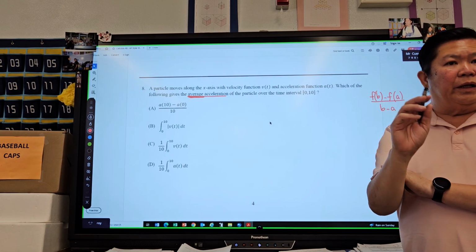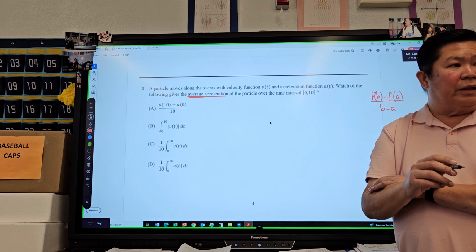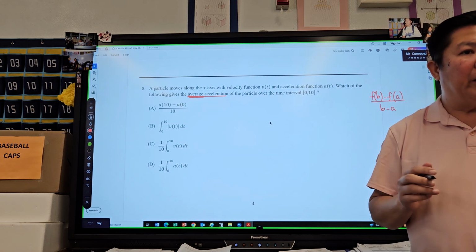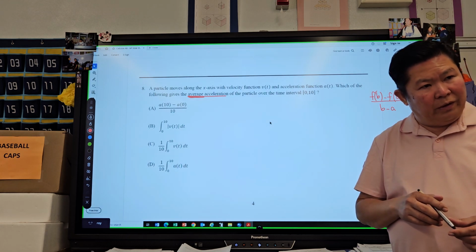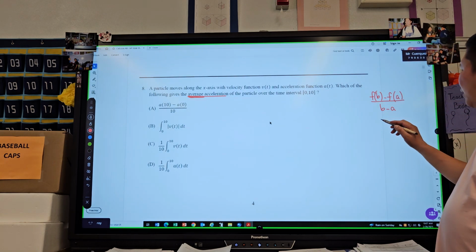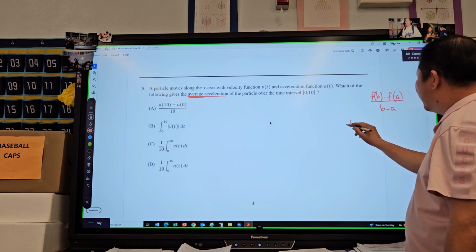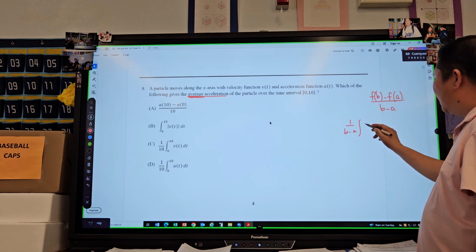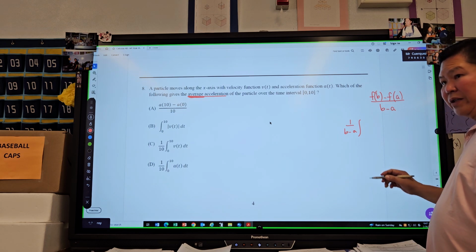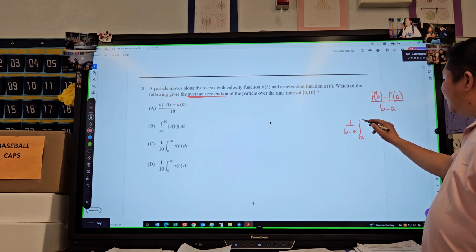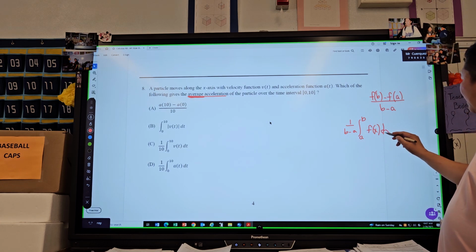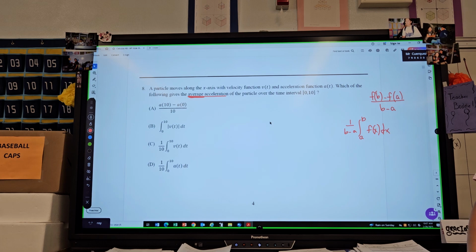So you already know that if it is average, it's the difference of the interval divided by b minus a. Did you get me? So we can rewrite this as 1 over b minus a, the integral of f(x) dx from interval a to b. This is the formula for average.